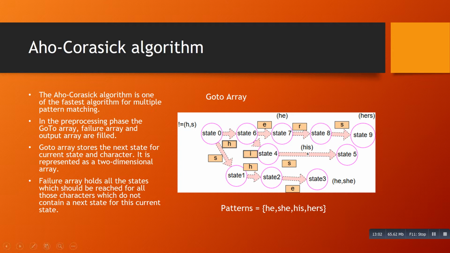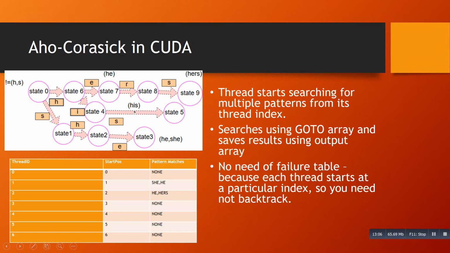For example, in the case of the GPU based algorithm, we do not need a failure table because for every index there is a thread starting at it. So from every index of your input we are looking for whether there is a pattern starting from that index.